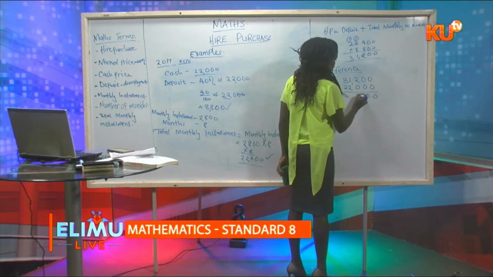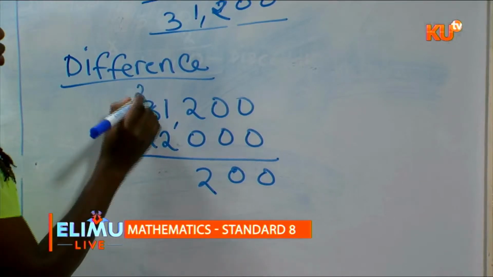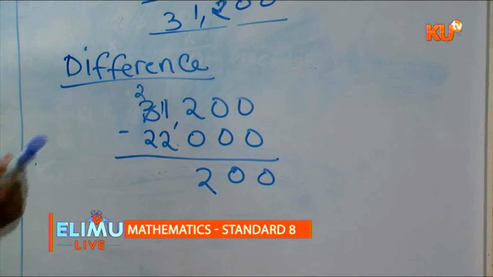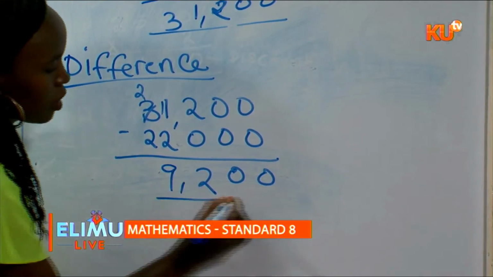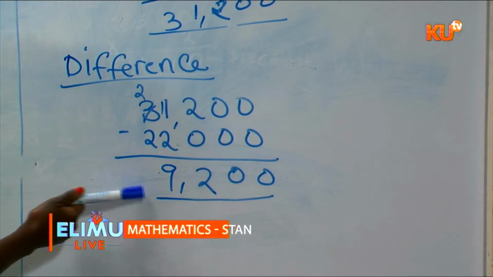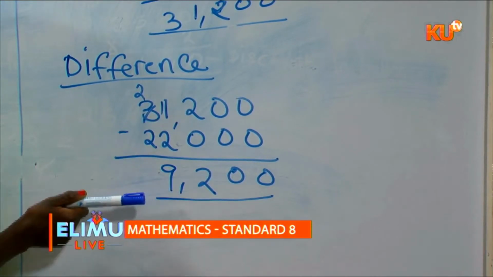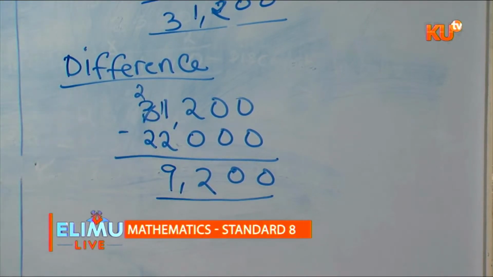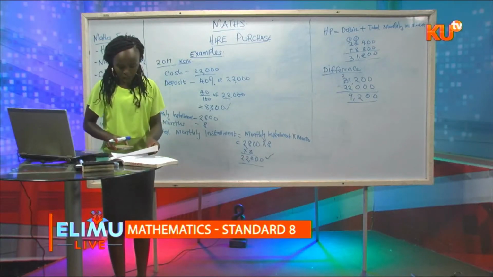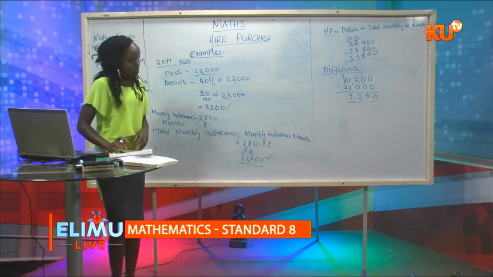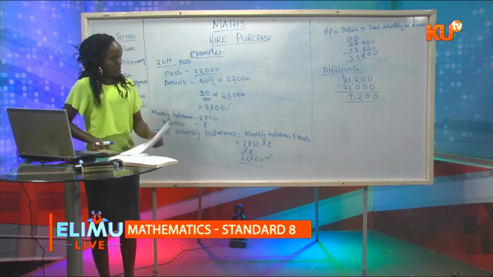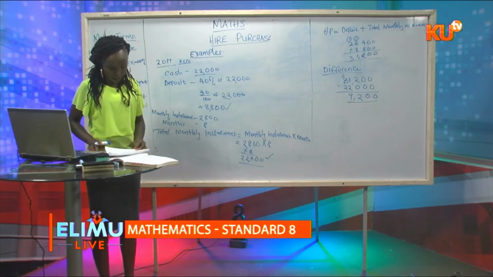So she paid 9,200 above the cash price. You can see the hire purchase is always higher. So she paid 9,200 above the cash price.